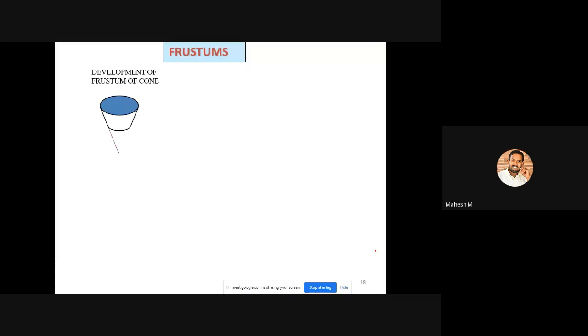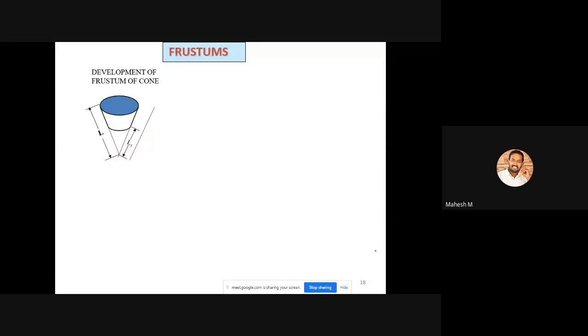Okay, simple thing. For example, this kind of frustum is applicable only in cone and pyramids. It will not be applicable for prism, cube, and also cylinder.